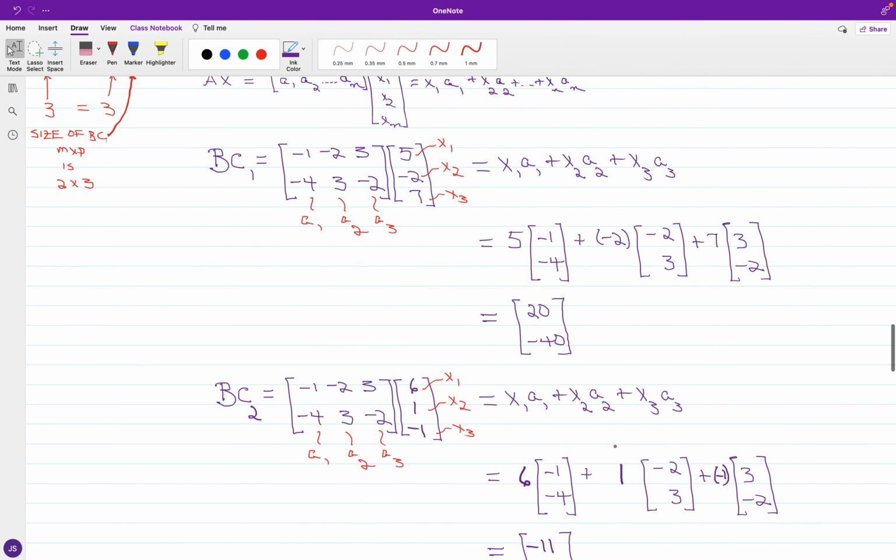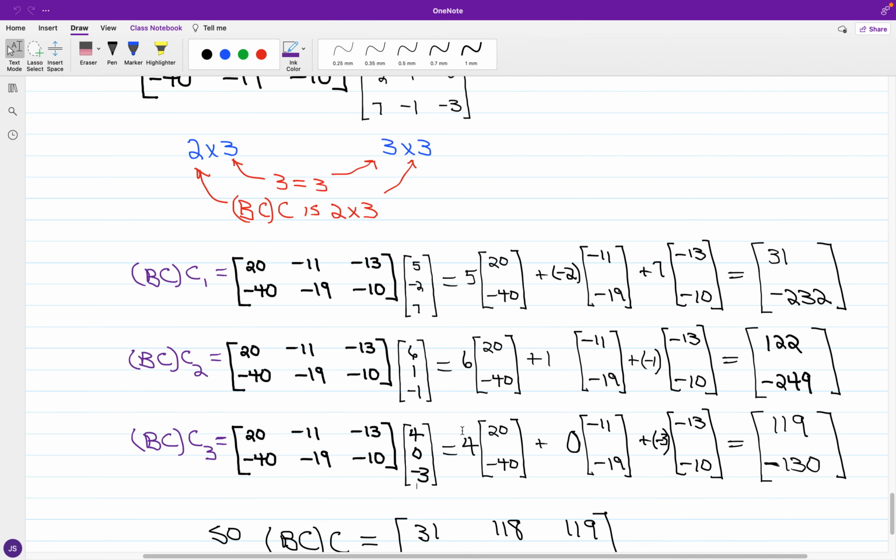Okay, so applying the x of 1, x of 2, x of 3 treatment for first column from C, and we have for this product or the result we have 31, negative 232, and then applying x of 1, x of 2, x of 3 over the second column values in matrix C. Okay, so the resulting product, you have 6 times a of 1 plus 1 times a of 2 plus negative 1 times a of 3. And the result we'll have at 122, negative 249.